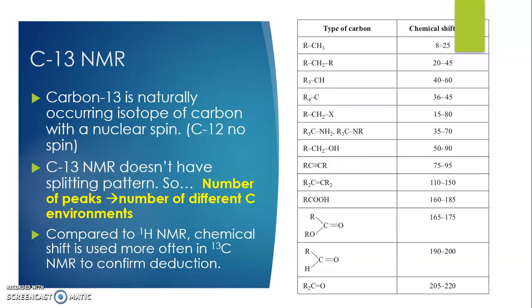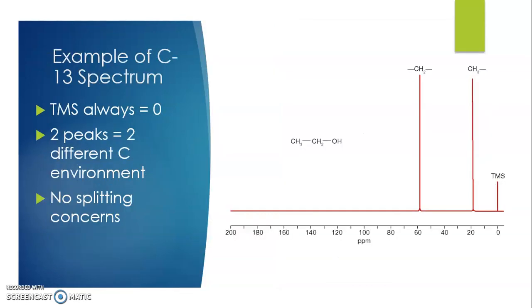They don't really change too much. So here's the sample. Now you have 2 peaks for ethanol, therefore 2 carbon environments. TMS is the reference. There's no splitting patterns concerned. So it works more like a low-res hydrogen proton NMR.